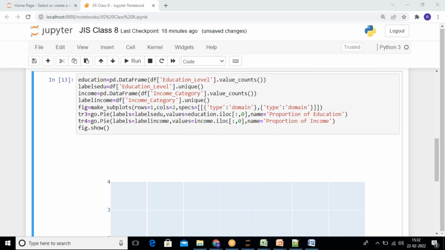Oh, I haven't plotted the pie chart. I haven't plotted. No, I have plotted the pie chart.